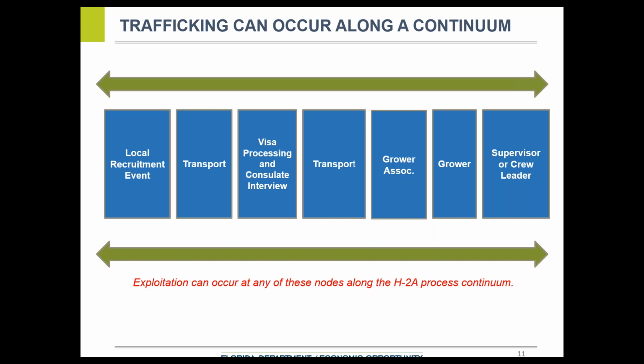Of course, this could look very different for workers, meaning citizens or undocumented individuals who are already in the U.S., but there are nodes on the continuum that would be applicable to them as well.